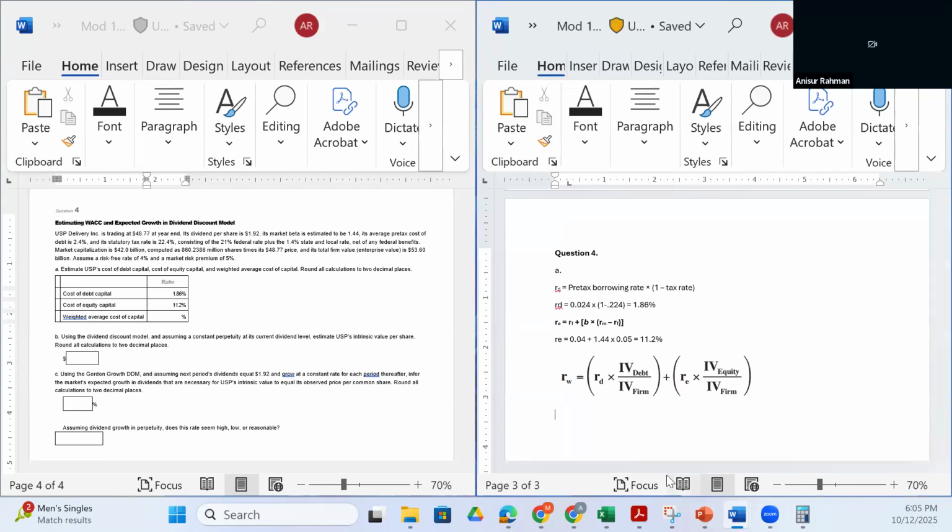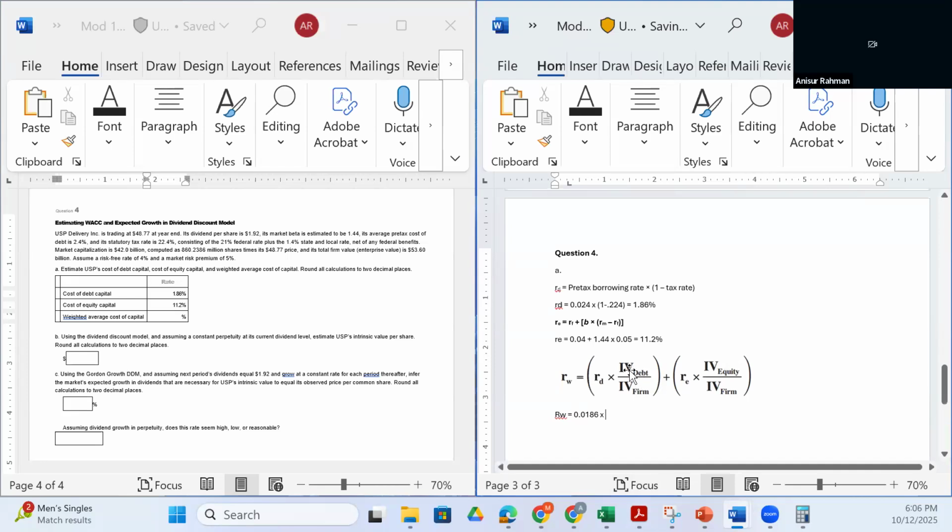So we already calculated cost of debt, cost of equity. Weighted average cost of capital is equal to cost of debt, which is 1.86%. Now times value of debt. We will use market value of debt and market value of equity whenever available.